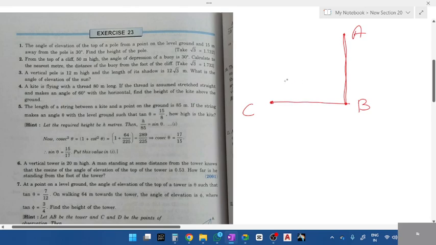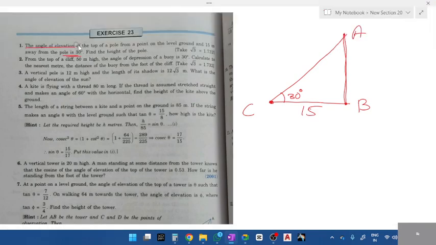Angle A. And what is the angle given here? The angle of elevation of the top of a pole is 30 degrees, from a point on the ground. Level ground is ground level, that is C, and 15 meters away from the pole. The distance between B and C is 15.